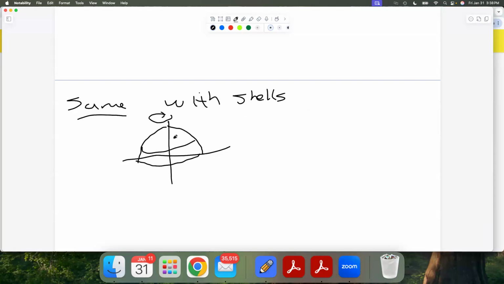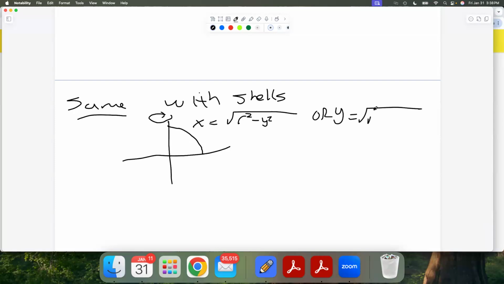A half a sphere, and then double the answer. So that's my plan. I'm going to take that curve there that we could write as x equals square root of r squared minus y squared, or y equals square root of r squared minus x squared, between x equals 0 and y equals 0, and rotate around the y-axis.